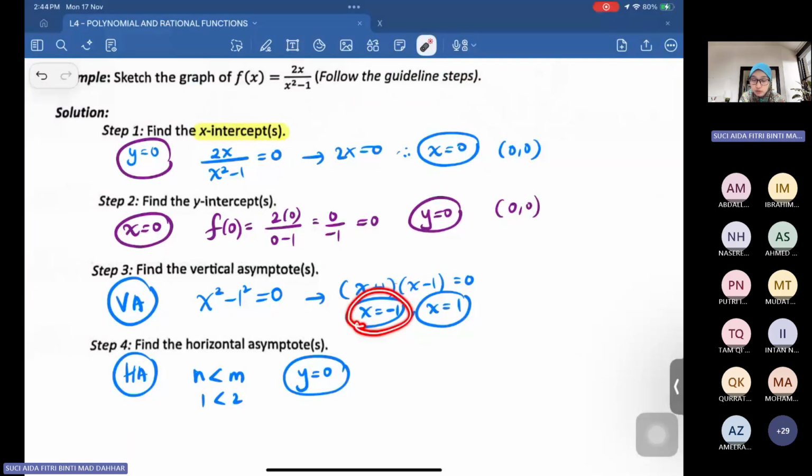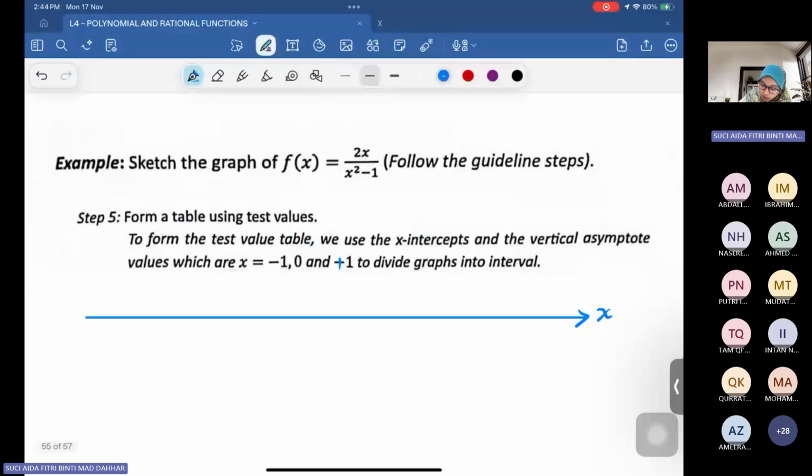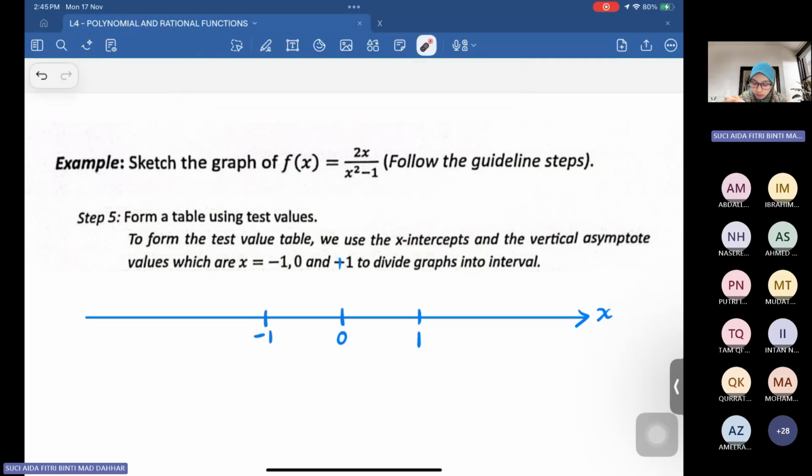Just now, we have two vertical asymptotes, one at -1 and another one at +1. But in between, we have the y-axis, right? So you always need to separate at the y-axis. So x = 0 is here, x = -1 is here, and x = +1 is here. When you do this, how many partitions do we have? 1, 2, 3, 4. So you end up having 4 different partitions.